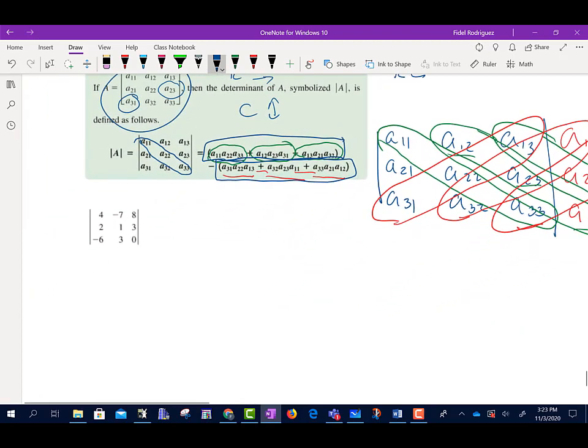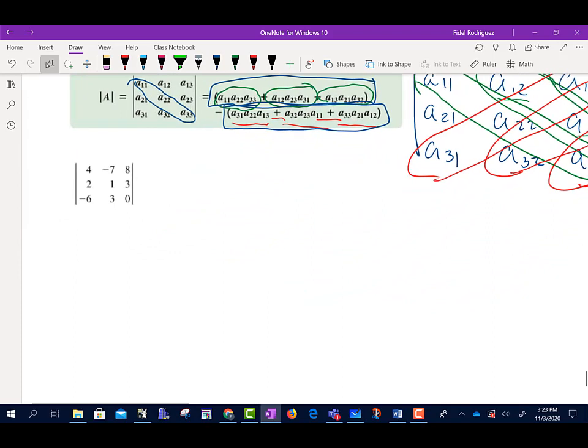Okay, so here's my first problem. The first thing I'm going to do, I'm going to copy the same numbers that I had before. 4, 2, negative 6. Negative 7, 1, and 3. Okay? And I'm going to start going along my diagonal. So the first thing I'm going to write down 4 times 1 times 0.